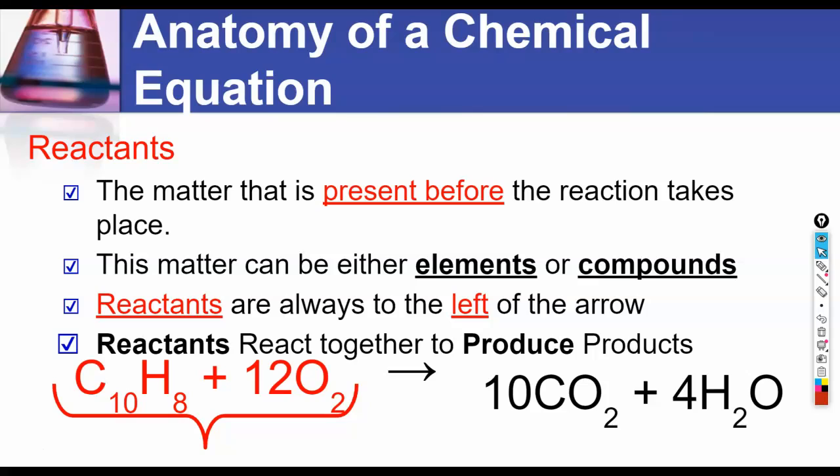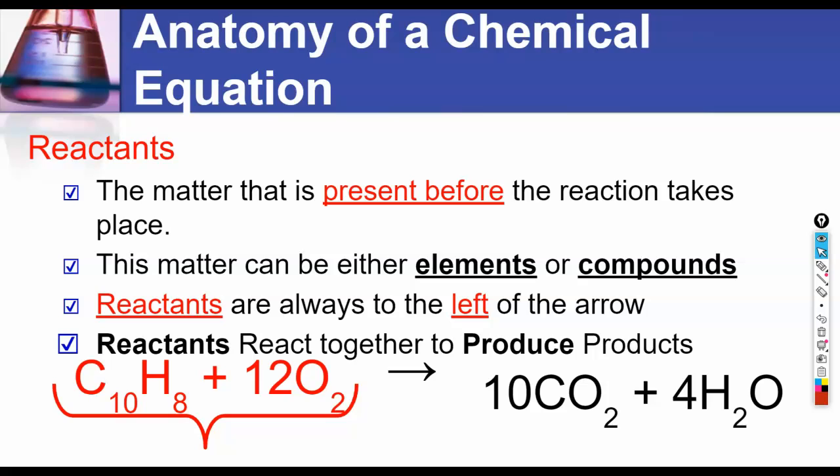Okay, and so basically you mix the reactants together, and that yields the products. Okay, so in this case, we're mixing C10H8 with 12 O2 molecules, and that's going to produce 10 CO2 molecules plus 4 H2O molecules. Okay, so the reactants are on the left, that's what you start with, and then that's going to produce the products on the right side.